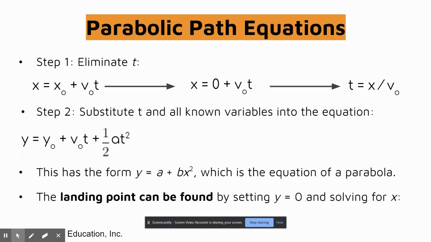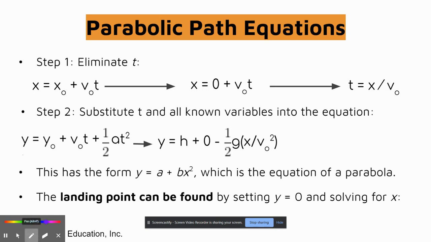So here is an equation that contains t. When we plug all of this information in, let's look at the substitutions that were made. In the y direction, remember that the initial y is equal to h.